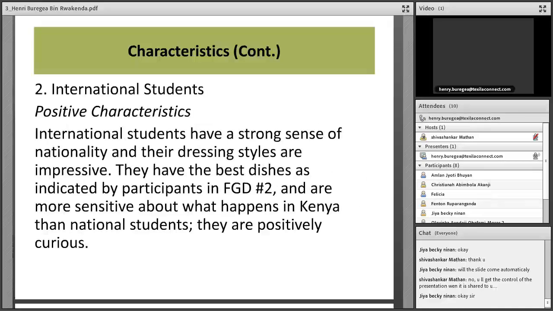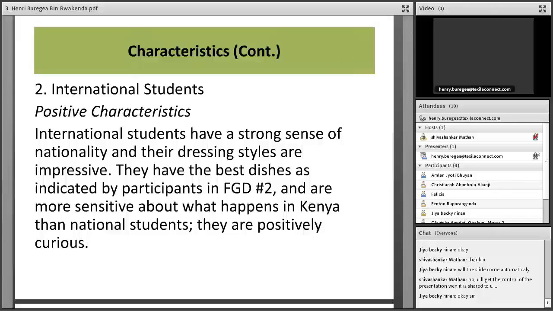On the other hand, international students were viewed by national students in Daystar University in Nairobi, and they pointed out the following positive characteristics. International students have a strong sense of nationality, and their dressing styles were very impressive. They have the best dishes as far as the food is concerned and are more sensitive about what happens in Kenya than national students.